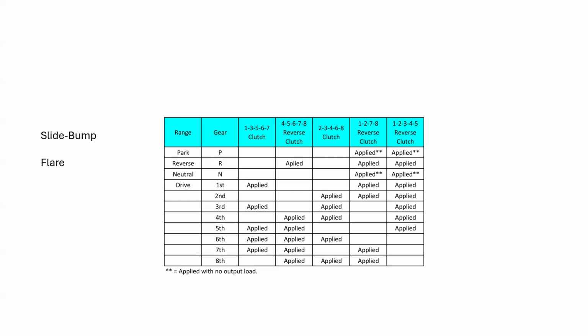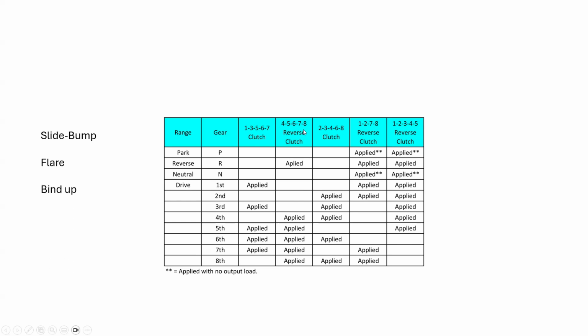In either event, you're momentarily in neutral, and we call that a flare. Now, I don't want to get into the diagnosis of this, whether you get to the first clutch and there's a problem there, or the second. Let's just focus on the term flare. What does that mean? It's a momentary neutral condition when the two clutches or the two apply components, neither one of them are on sufficiently to keep the vehicle going through the transmission.